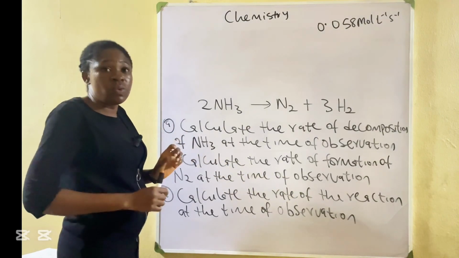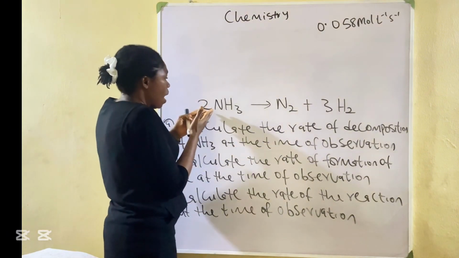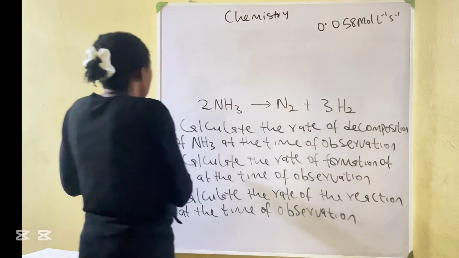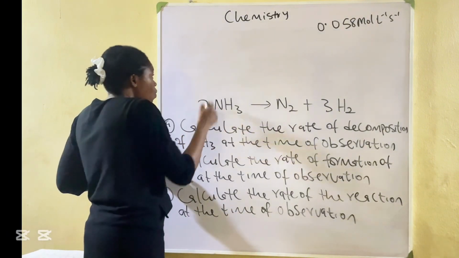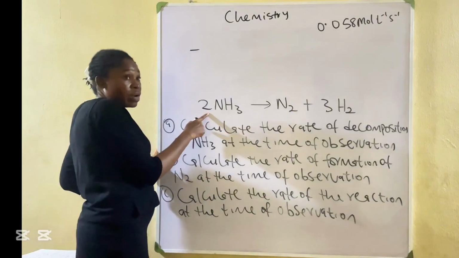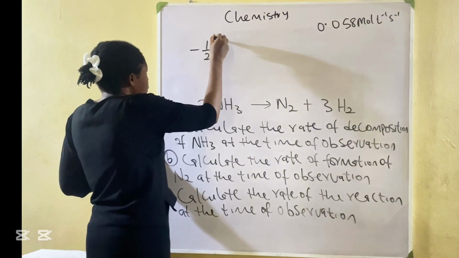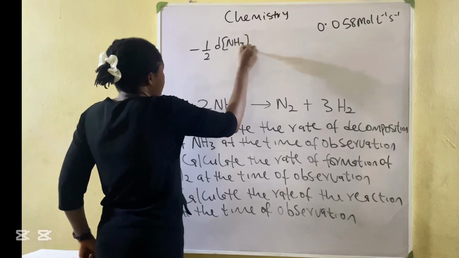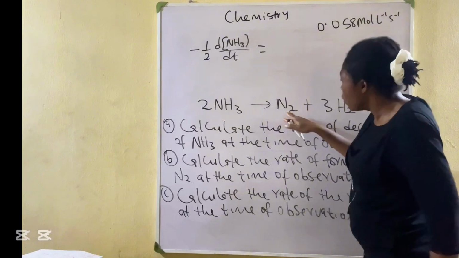So first of all, we're going to note the mole ratio. The mole ratio of ammonia and hydrogen is 2:3. Okay, so let's write the equation for the disappearance of ammonia. Which is minus, remember the coefficient is 2, so 1/2 change in concentration of ammonia all over change in time equals to, so the one for hydrogen, I will not do this one for nitrogen.